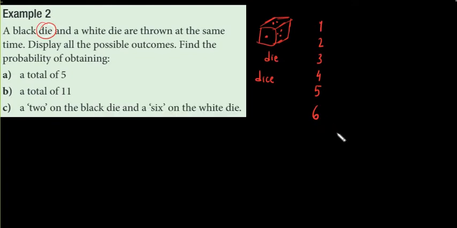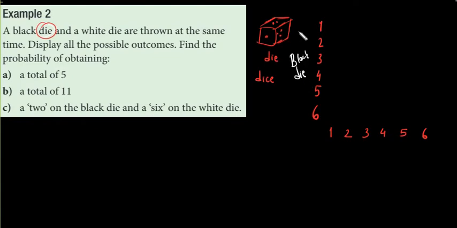And here I'm going to write the numbers on the white die. The same numbers. We have 1, 2, 3, 4, 5, 6, okay?